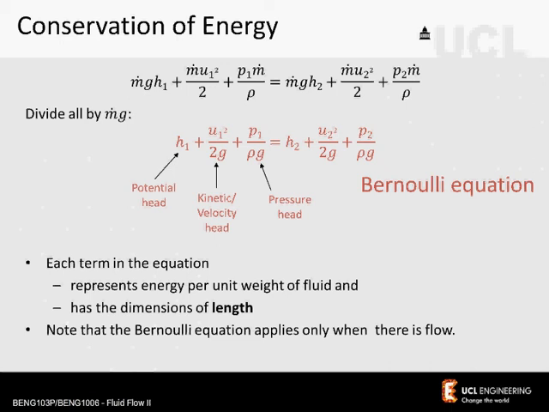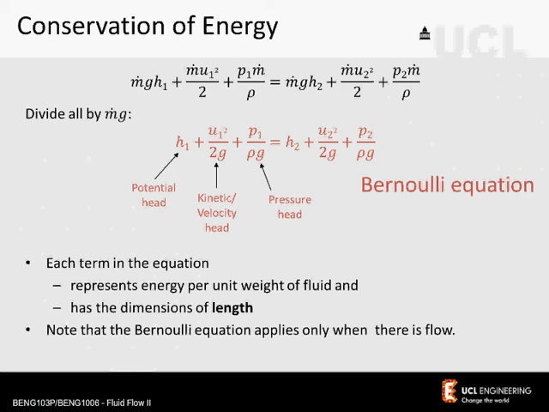Each term of the equation represents the energy per unit weight of fluid. So it's energy divided by m dot g, where m dot g is the unit weight of the fluid, or in fact the rate of weight change through the system. And each term also has the dimensions of length, so it's all defined in meters.